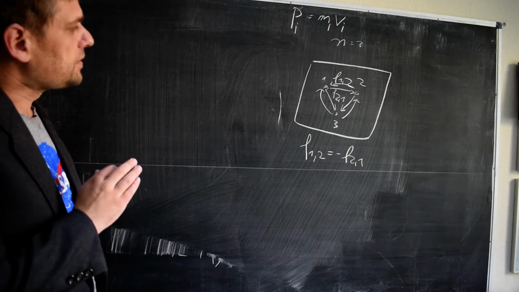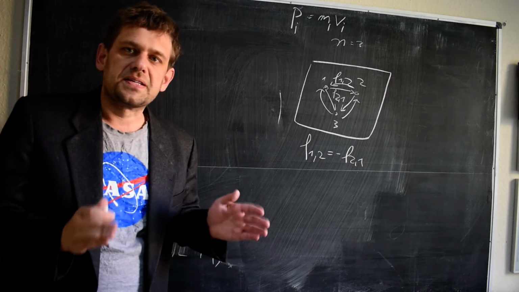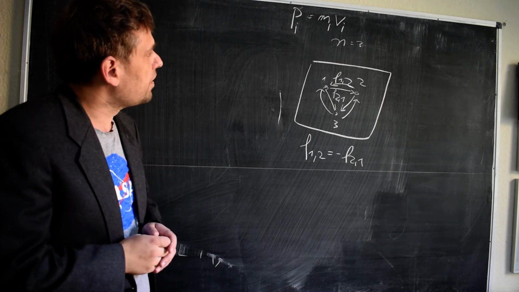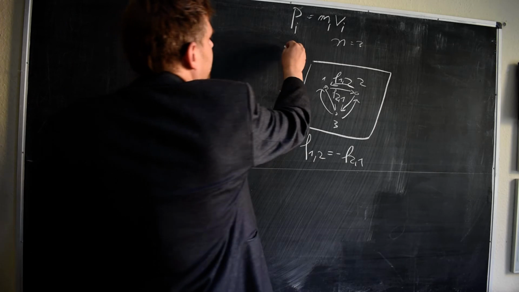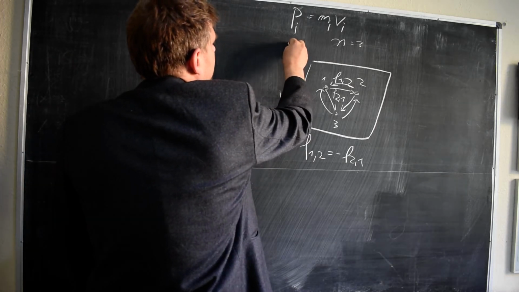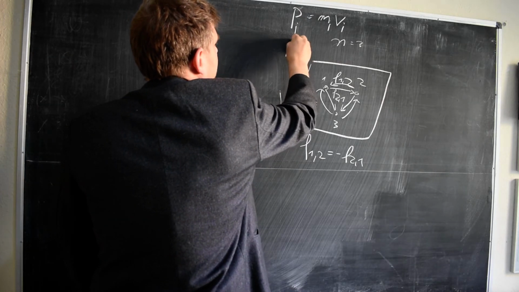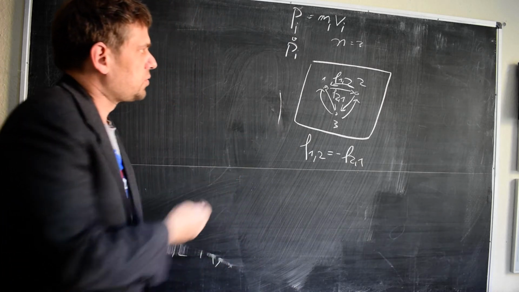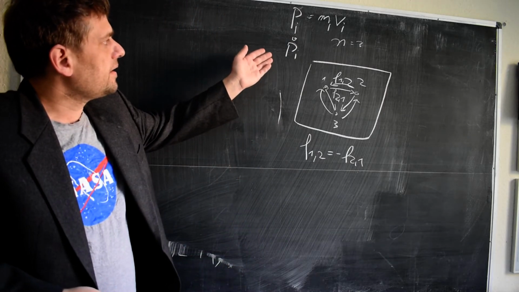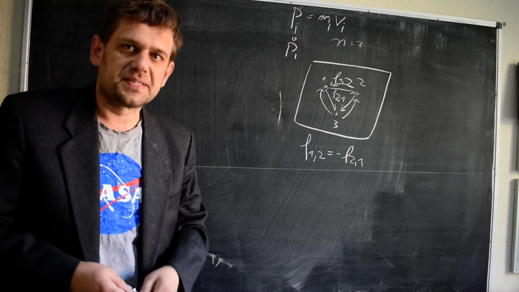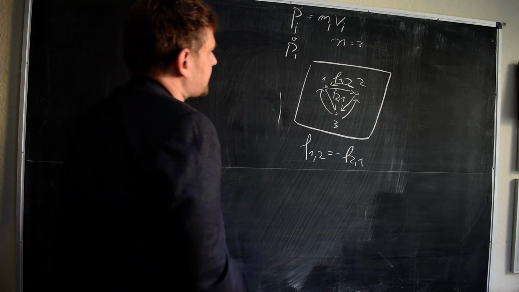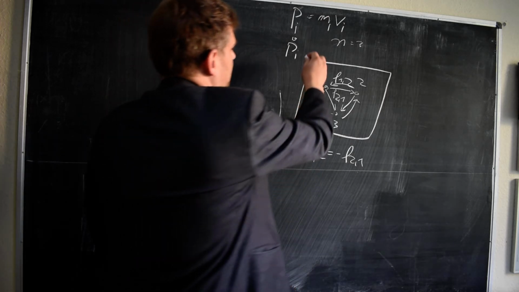And what we also will need is the time derivative of the impulse, which we denote by Pi dot, right? We could also write dp by dt. This would be the same, but I'm choosing this notation, which is quite common.